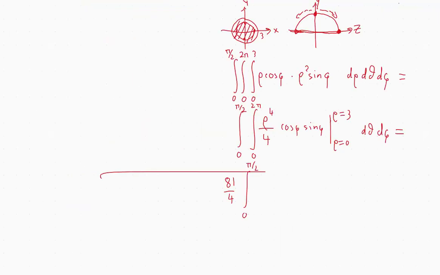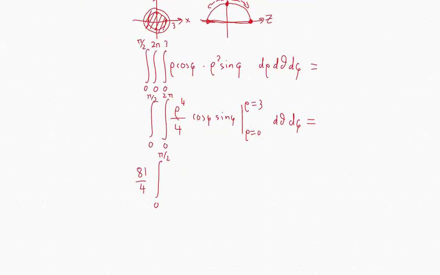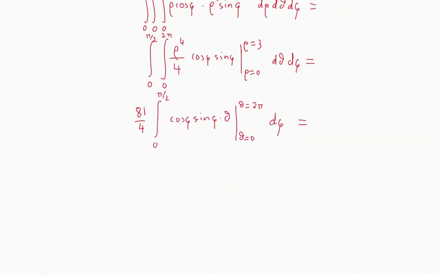Since it's constant, we can do cosine phi sine phi times theta, for theta equals 0 to theta equals 2 pi, and this is d phi. Of course, from this we're going to get a factor of 2 pi. We put this outside, so that will give us 81 pi over 2. We did a cancellation between the 2's.